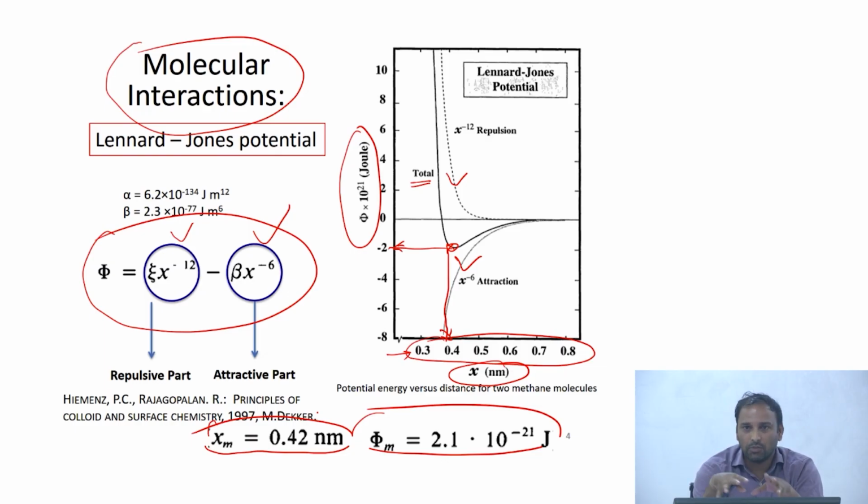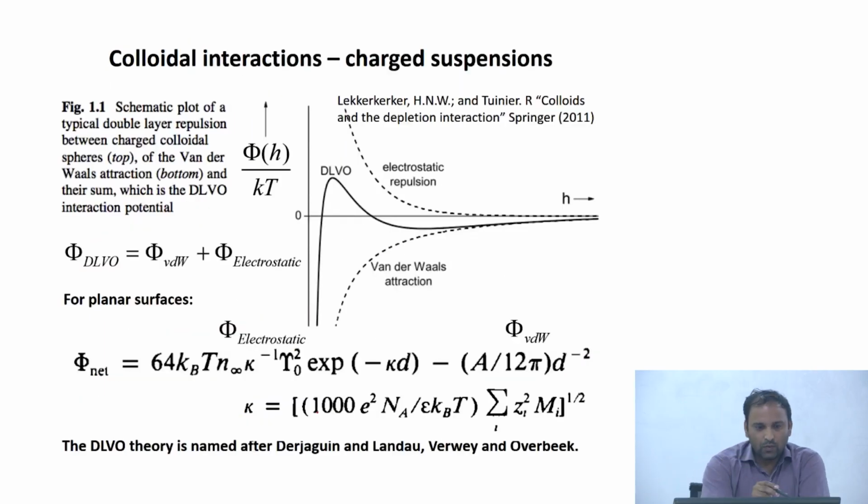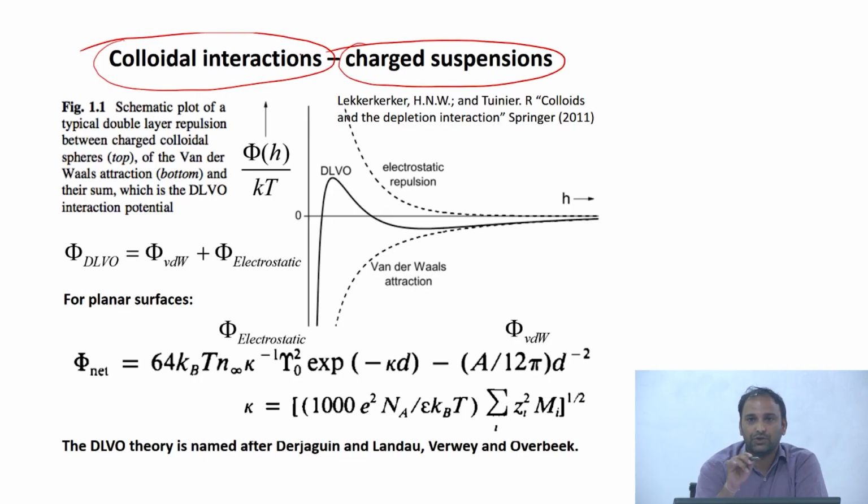When you talk about particles in a solution, I'm just going to flash a slide where we're talking about colloidal interaction. That means interaction between particles, in this case charged particles in a solution, analogous to the Lennard-Jones potential.